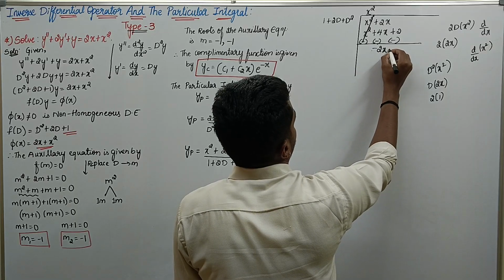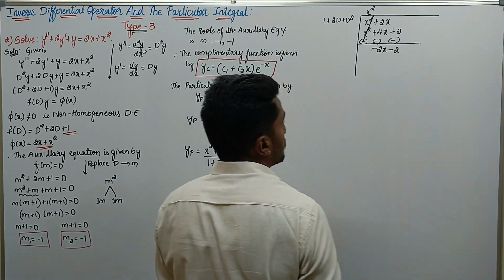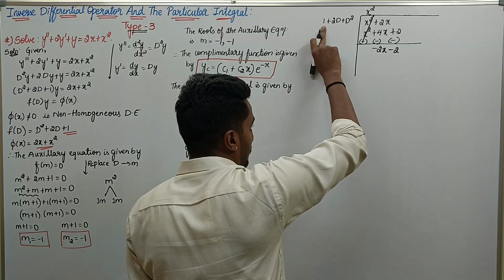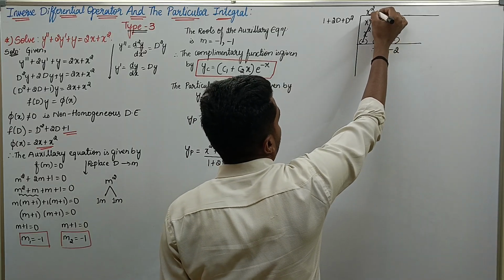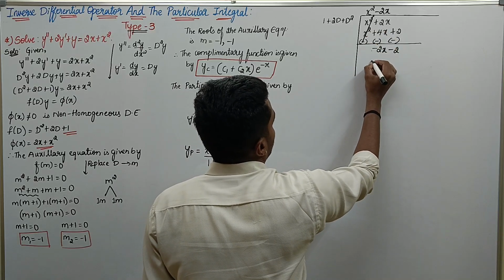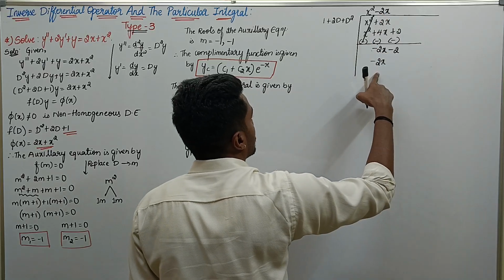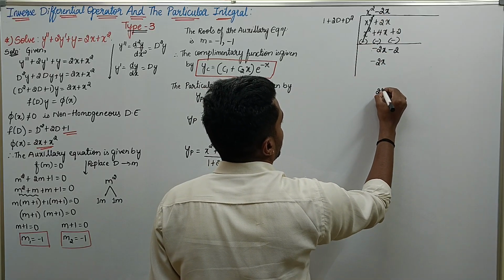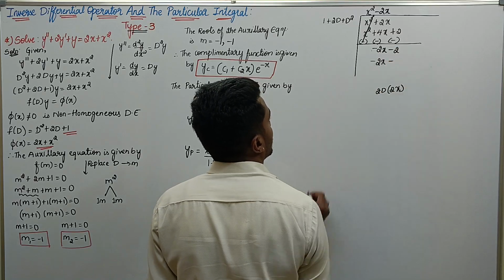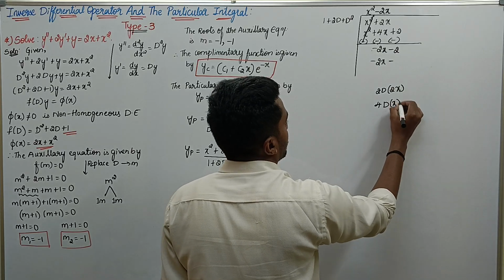Minus 2x minus 2. Now the remainder should be 0. For what value, if I multiply 1, do I get minus 2x? So I am going to go to minus 2x. If I multiply minus 2x, I get minus 2x. Next, 2D of 2x minus, I am going to write like that itself. 2 into 2 is 4x.